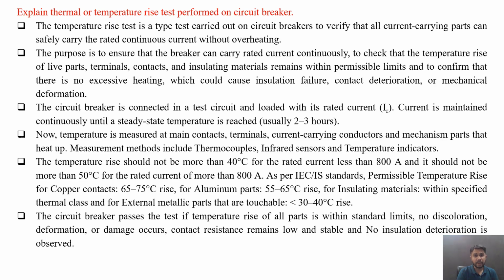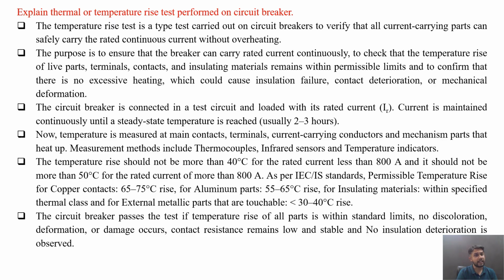The measurement methods include thermocouples, infrared sensors and temperature indicators. The temperature rise should not be more than 40 degrees Celsius for a rated current less than 800 ampere, and it should not be more than 50 degrees Celsius for a rated current of more than 800 amperes.